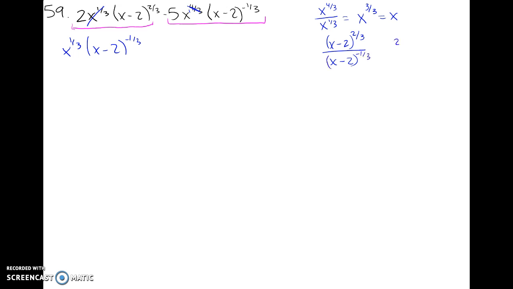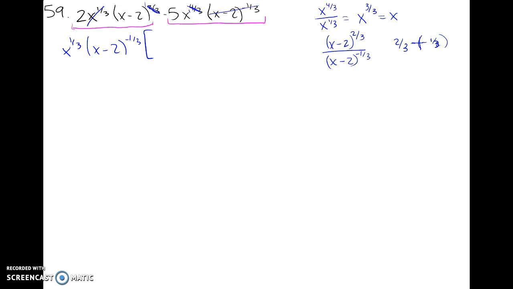So I'm doing 2/3 minus negative 1/3. That turns into a plus. 2/3 plus 1/3 is 3/3. So this one is just left with x minus 2 to the first power. And then this one, you've divided it out, so that's gone. Now I've taken out all the common factors on that one.